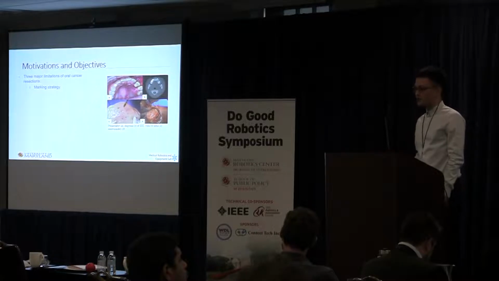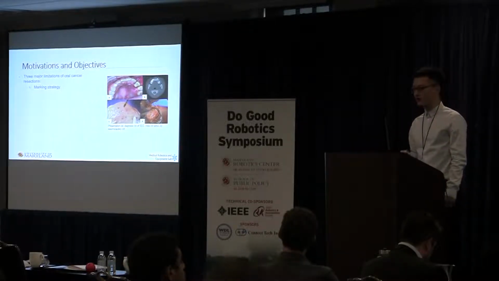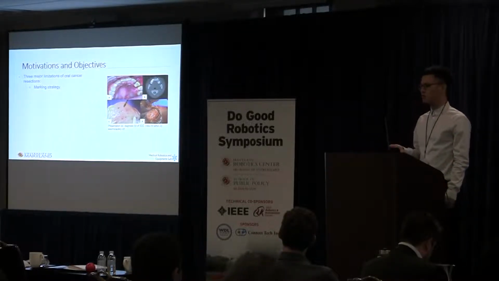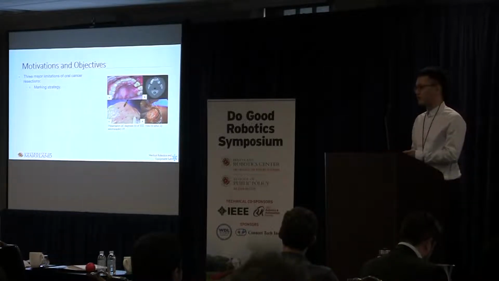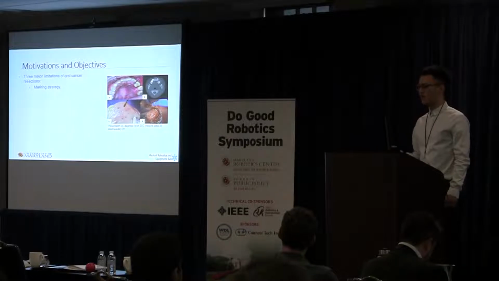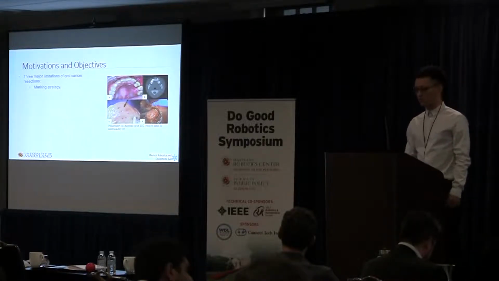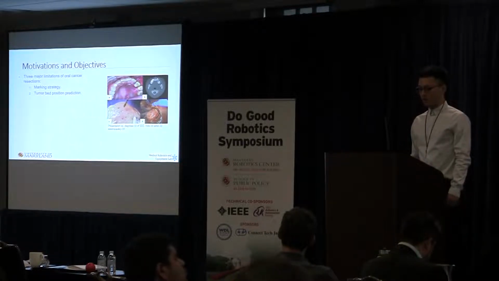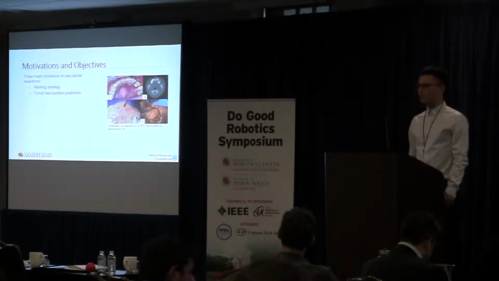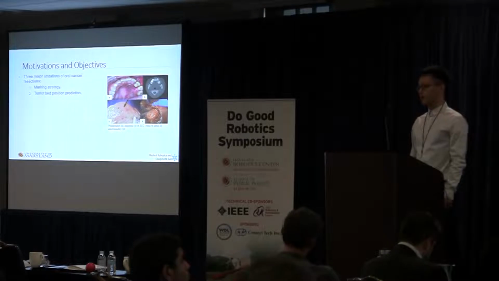This electrocautery is good because while it's cutting the tissue, it also stops the bleeding. But there's a side effect. It causes this black powder, which obscures the current clinical marking strategy. What's more, there are errors coming from the surgeon's prediction of the tumor bed position as well.